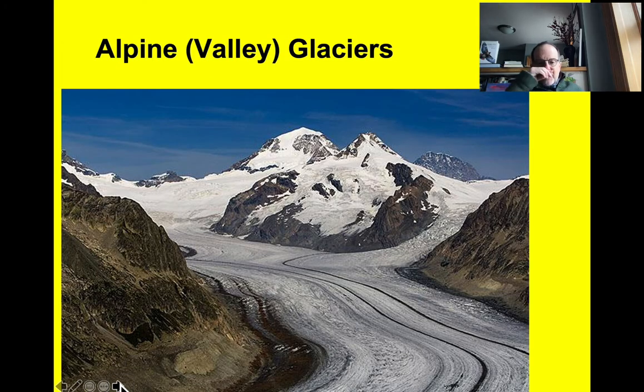Here's a beautiful picture of some alpine and valley glaciers that have been growing out of this source area. So here's where the snow is accumulating and then pushing its way down the mountain, picking up sediment. Why you see this snow is so gray is that it's grinding down the rock underneath it and picking up sediment as it goes.